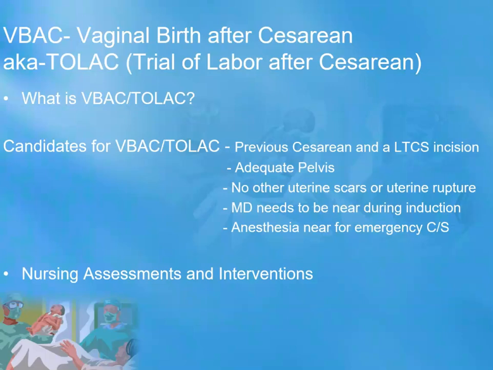Remember, there's a skin incision and there is a uterine incision. So we go through layers of tissue, and then once you get to the uterus, you have to go through layers of that muscle. You want to get somebody that has a small incision on the uterus. And usually it's that bikini-like cut on the skin that they start with.